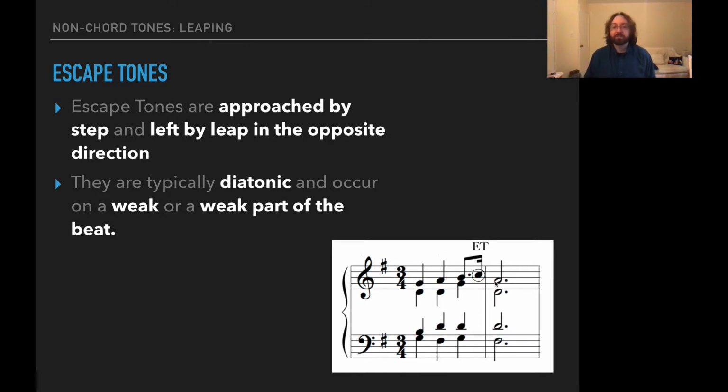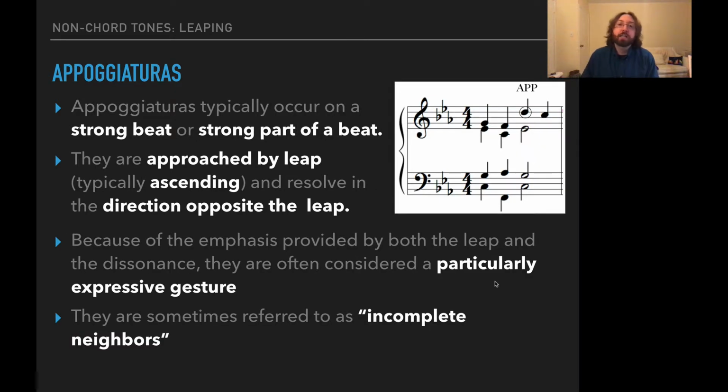That would save you. If you don't want to think of it that way, that's fine. But I've thought of it that way, and first, it's made me think of trampolines, and second, it's made me remember what escape tones are all about. You can also think of it like E.T., if you ever saw the movie E.T., where he flies over the moon there. Let's talk now about appoggiaturas.